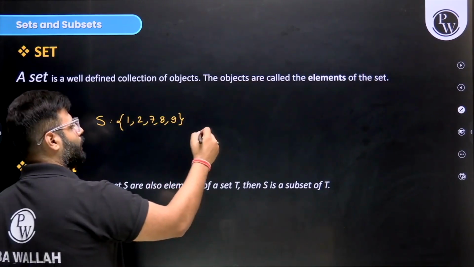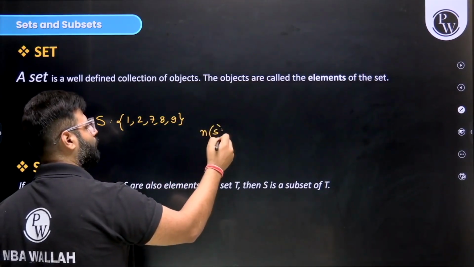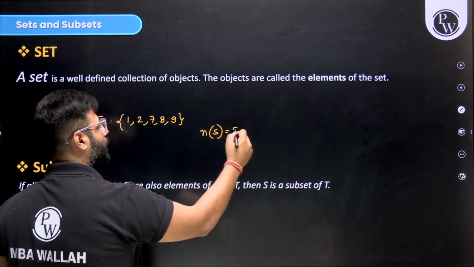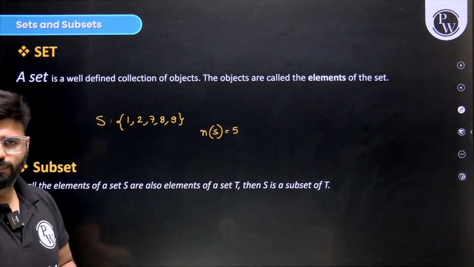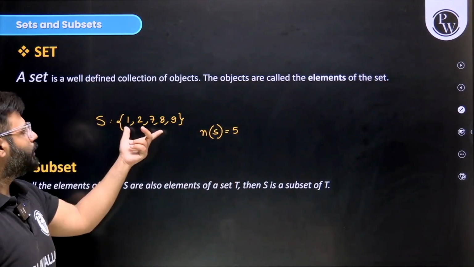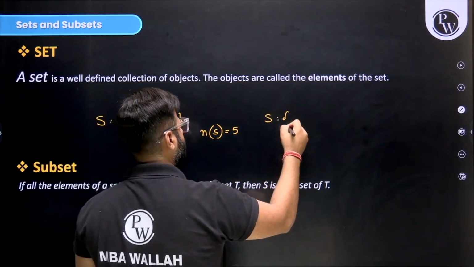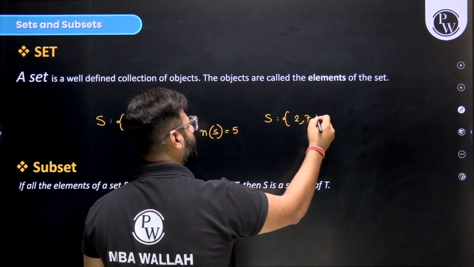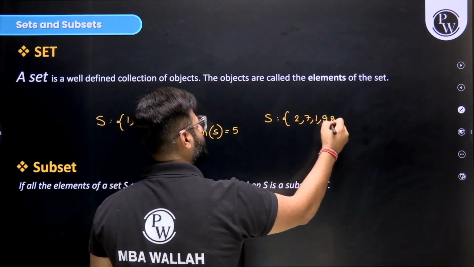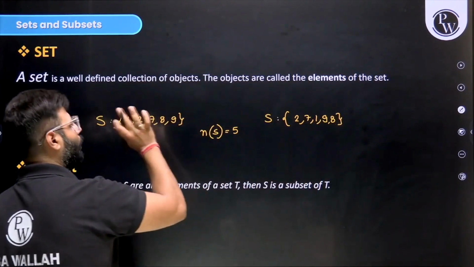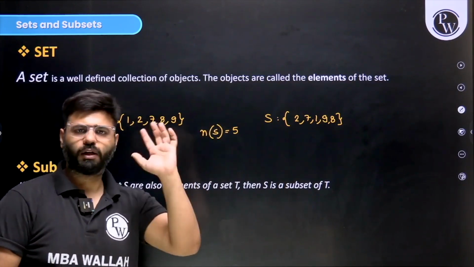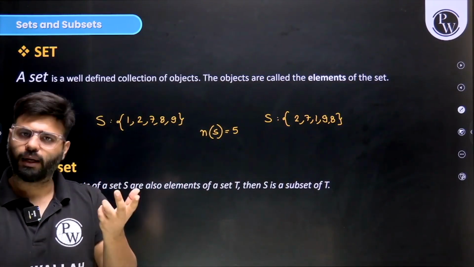अगर कभी ऐसे बोलता है n of s मतलब number of elements कितने हैं? ये हैं 5. Alright. Secondly, ये सेट और अगर मैं एक और सेट बनाऊं ऐसा जिसको मैं बोलूं 2, 7, 1, 9, 8 एग्जैक्टली सेम है. यहां और यहां में सिर्फ और सिर्फ अगर फर्क आ रहा है तो वो ऑर्डर का आ रहा है.